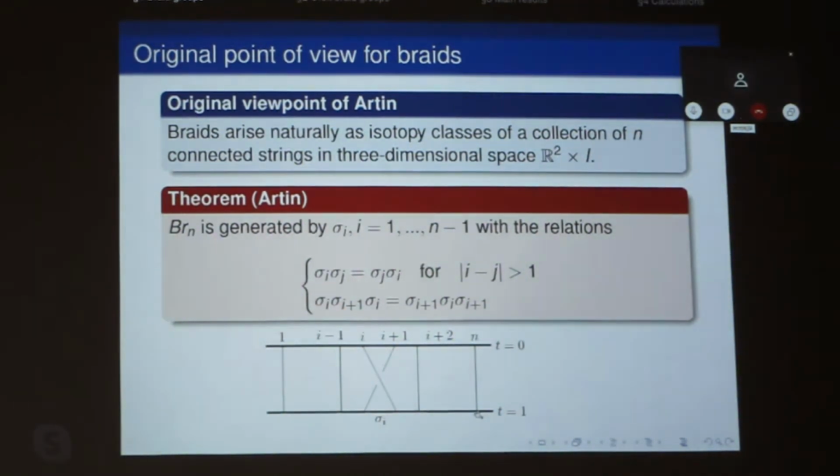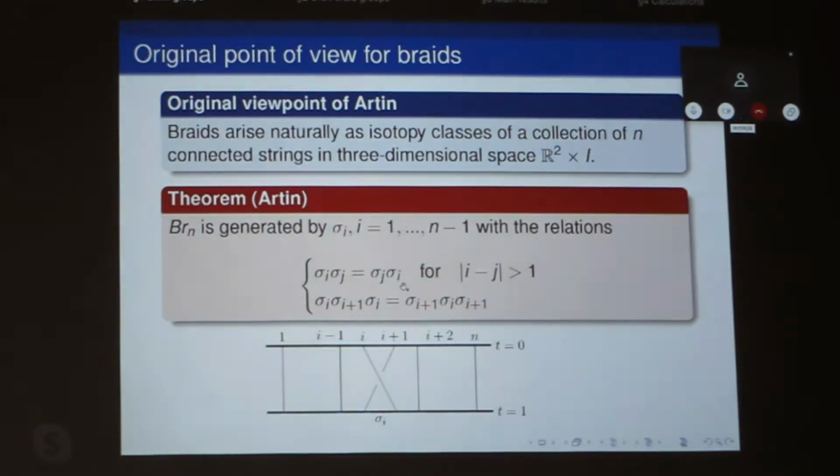If you make a definition, the braid can be thought of as an isotopy class. Artin calculated the braid group, which is generated by some generators with two relations.